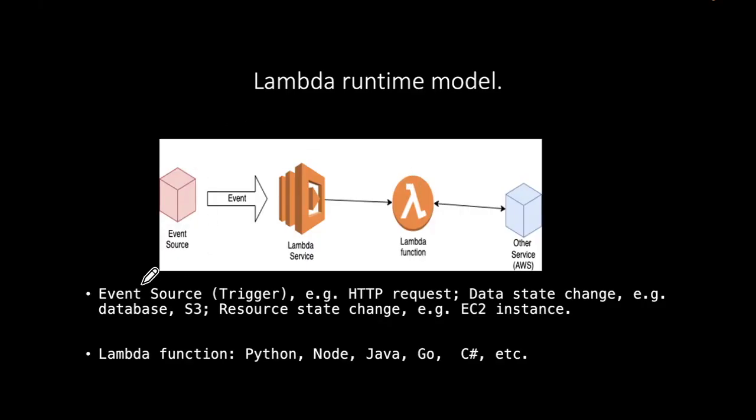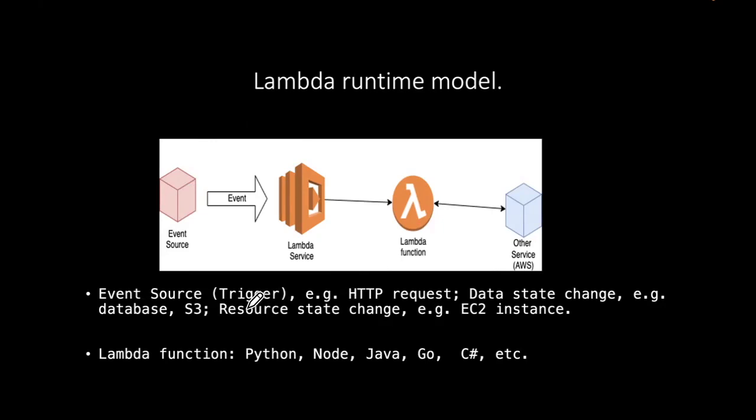So down here, the event source, this thing over here, it could be anything. It could be a HTTP request. It could be some state change in a database. It could be a state change in some other resource, like an EC2 instance.